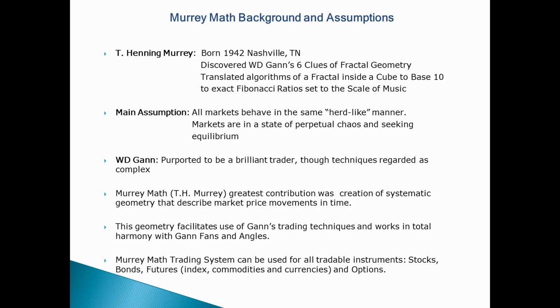Gann was very elusive about giving the magic formula of how he traded and viewed the markets, but he did leave some traces, and Murrey was astute enough to identify some of the clues.